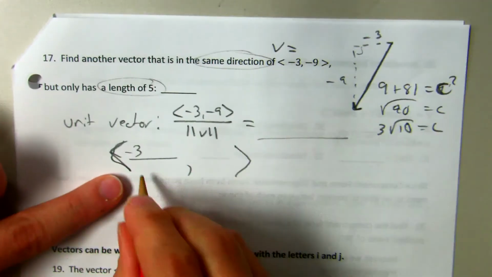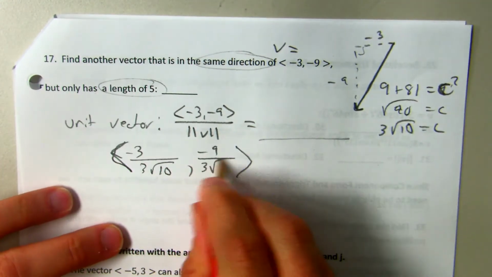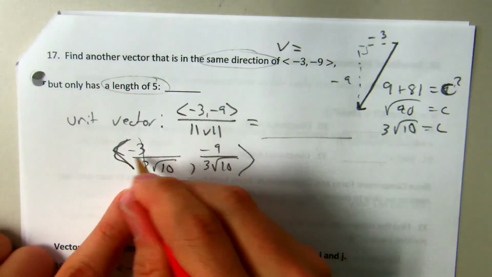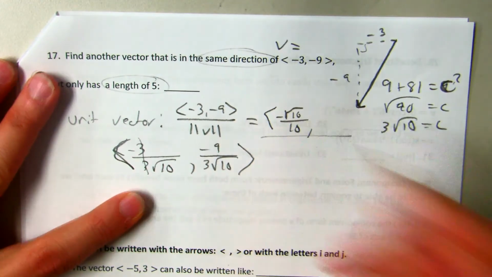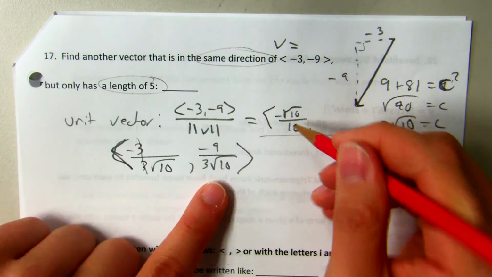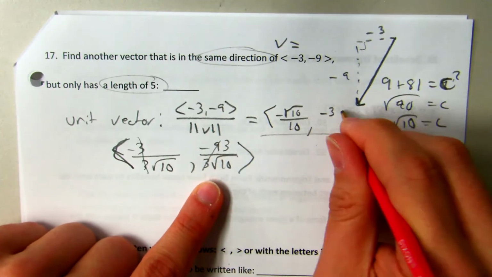Okay, so I divide this by 3 square root of 10. That means both parts get divided by 3 square root of 10. So those could cancel, and then these could reduce. And I would like to rationalize it.